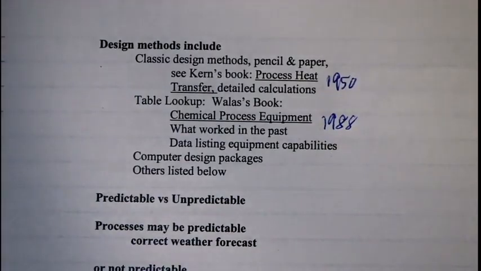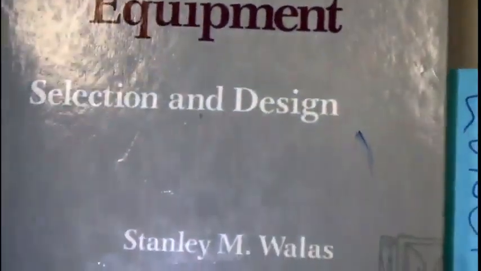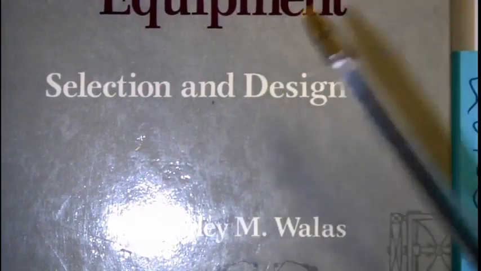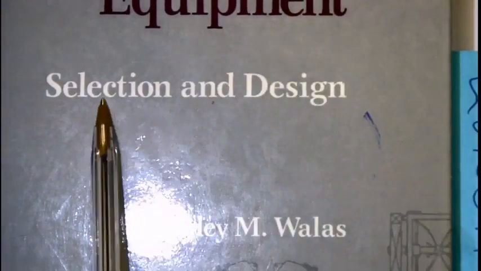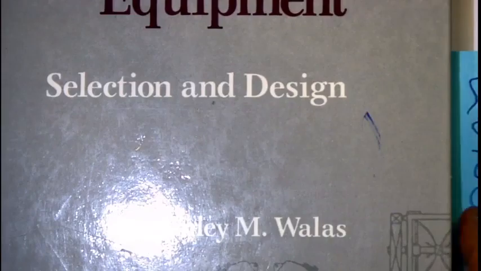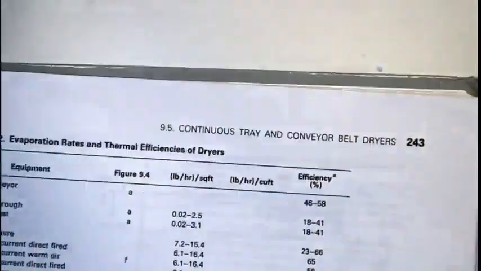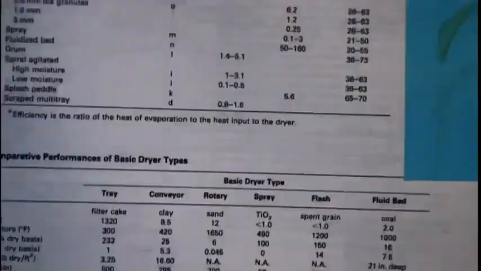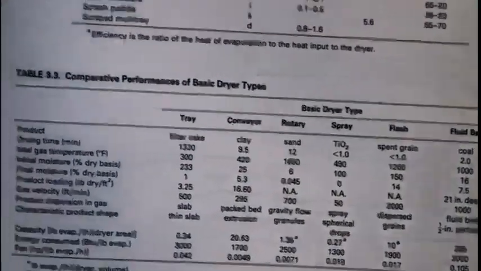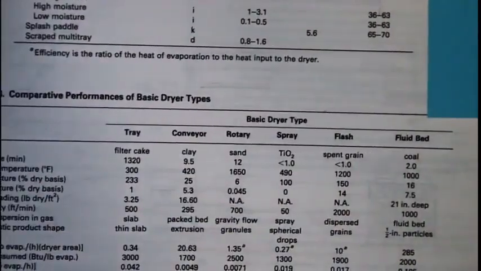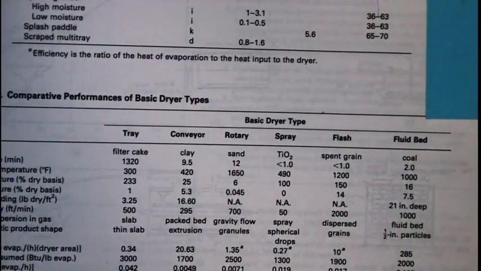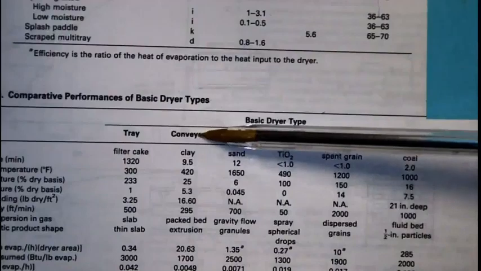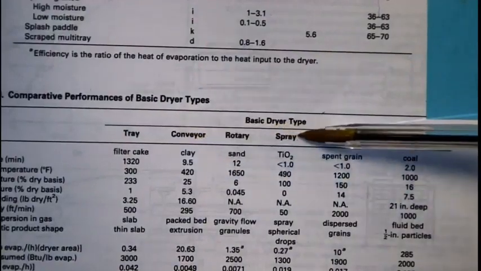And we just happen to have a copy of the Walas book, Stanley Walas, Chemical Process Equipment: Selection and Design. Now if we open up this book, we quickly see, for example, the section on dryers, and we have a selection of dryers: tray, conveyor, rotary, spray.